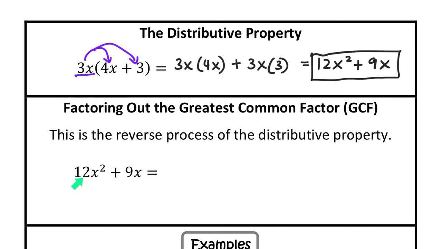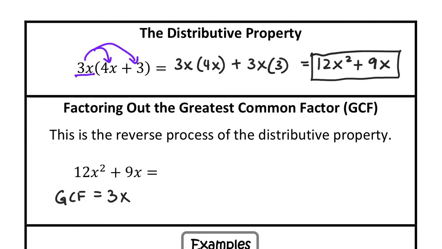So if I look at 12 and 9, what's the GCF of 12 and 9? They're both divisible by 3. Do they both have x's? Yeah, I have 2 x's here and 1 x here. So they have a GCF of 3x.